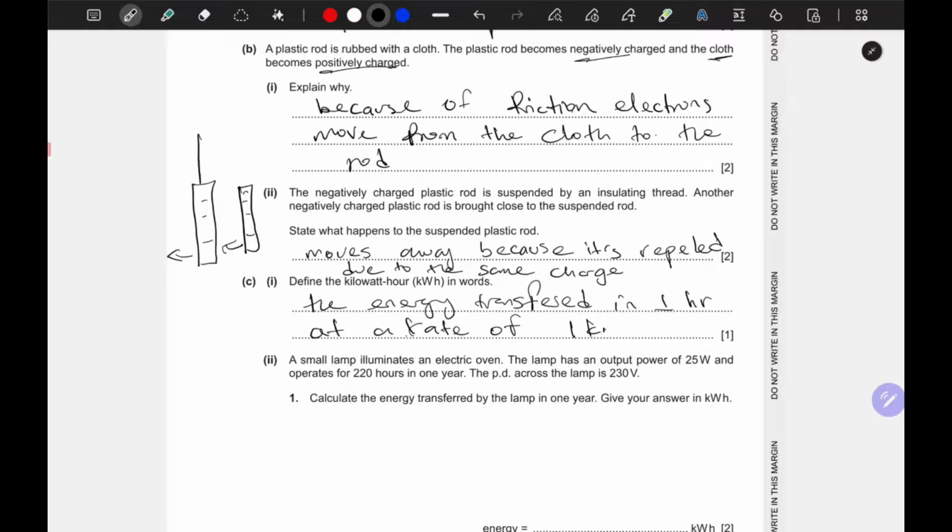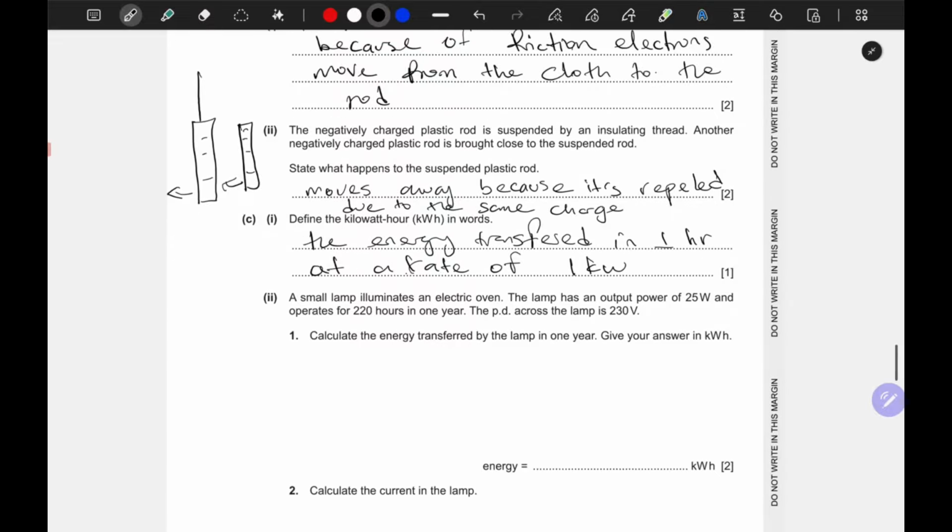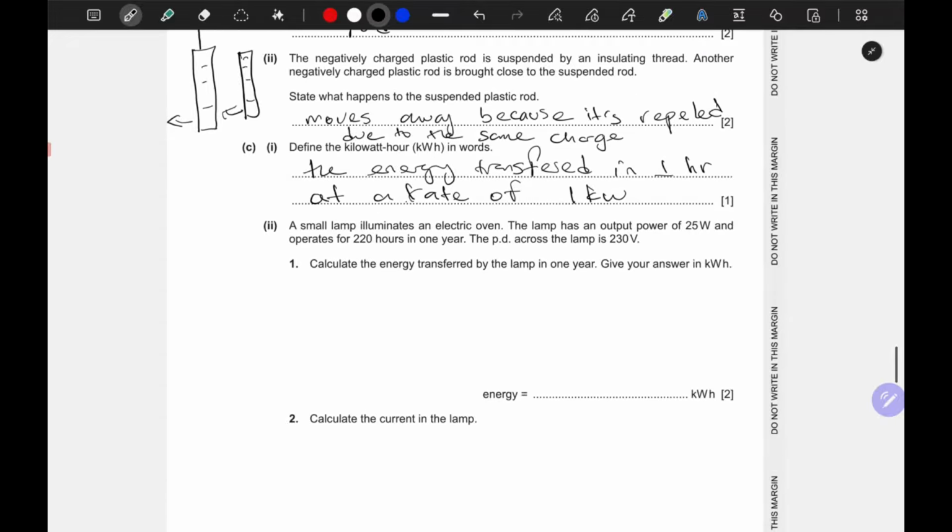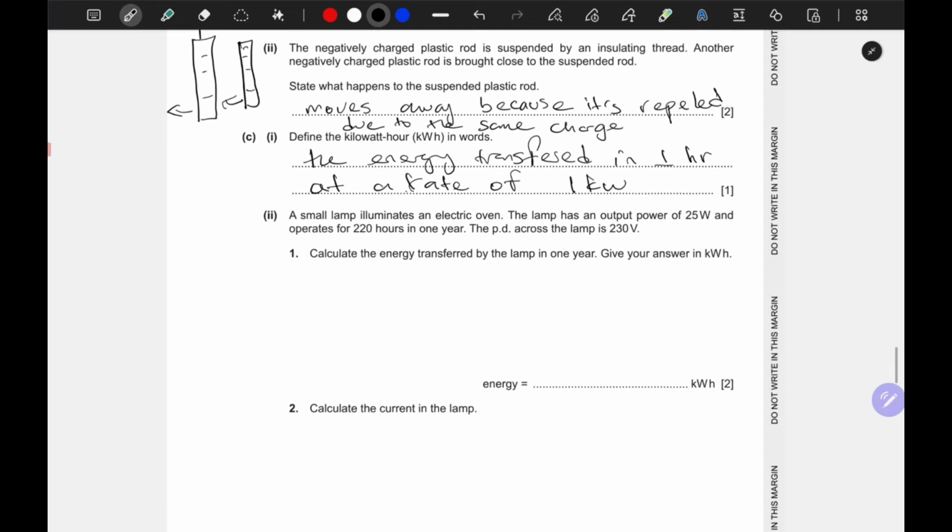It's the energy transferred in 1 hour at a rate of 1 kilowatt. So that's what kilowatt hour means. It's the energy transferred when 1 kilowatt is transferred in 1 hour, basically.